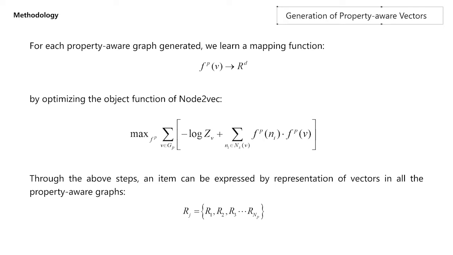For each property-aware graph generated, we learn a mapping function f_p: V to R^d by optimizing the objective function of node2vec. Through the above steps, an item can be expressed by representation vectors in all the property-aware graphs as Rj. It is a set. You can see it.